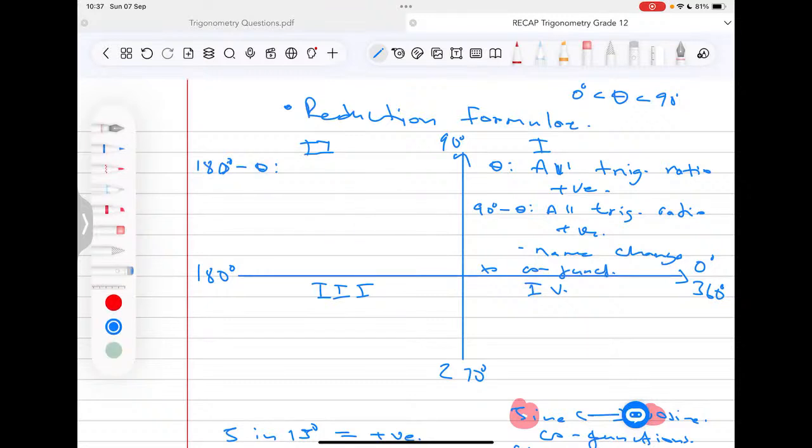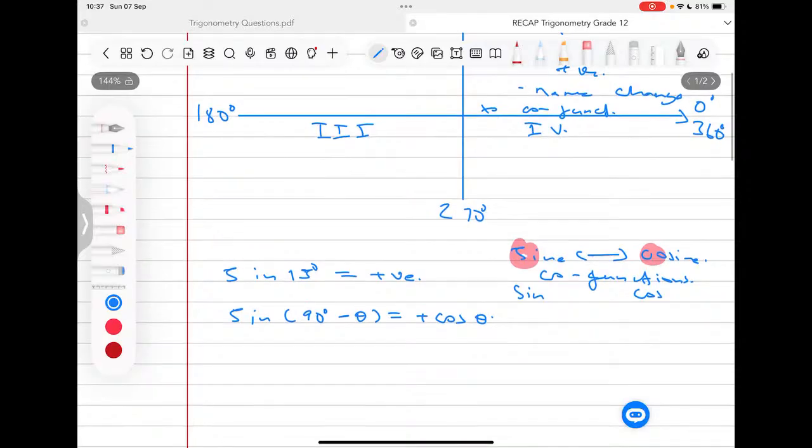Now, if you see 180 minus theta, it means it is the second quadrant. Now, in the second quadrant, you should remember or know that only sine is positive, right? So this means that if I were to go, remember this was the first quadrant and now I'm on the second quadrant.